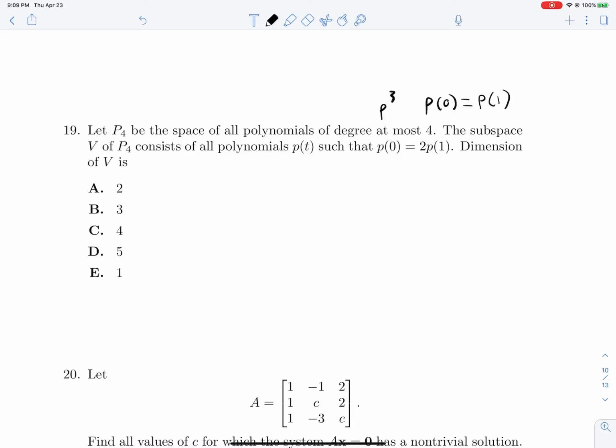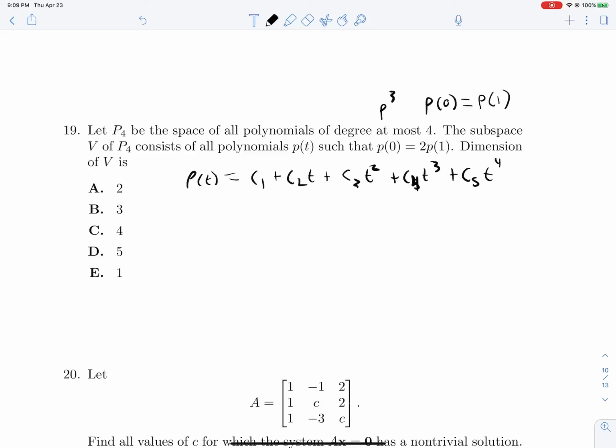So the generalized form of a polynomial in P4 is P of t equals C1 plus C2t plus C3t squared plus C4t cubed plus C5t to the fourth.